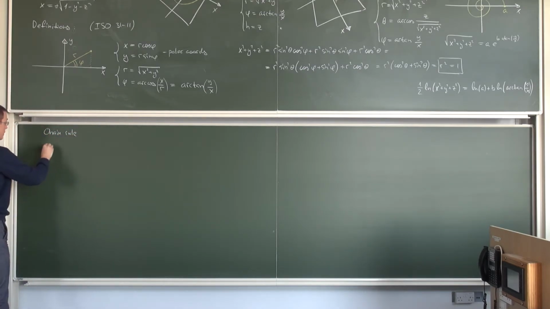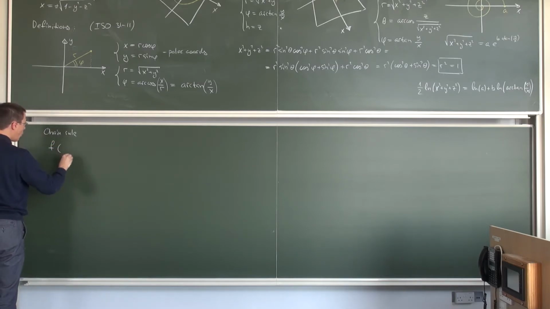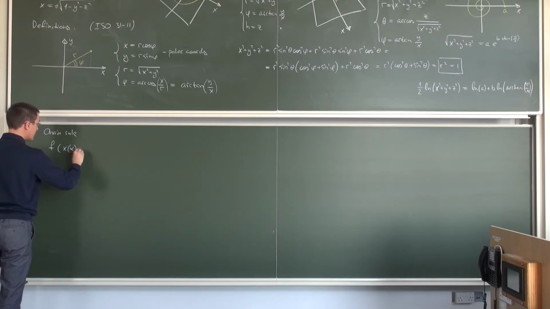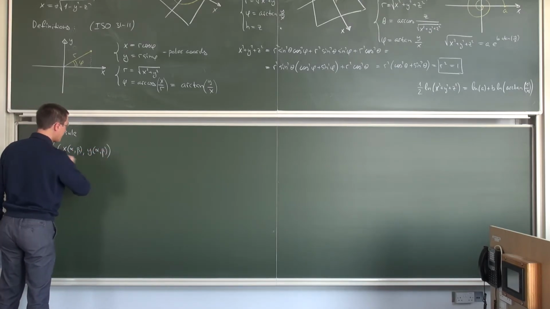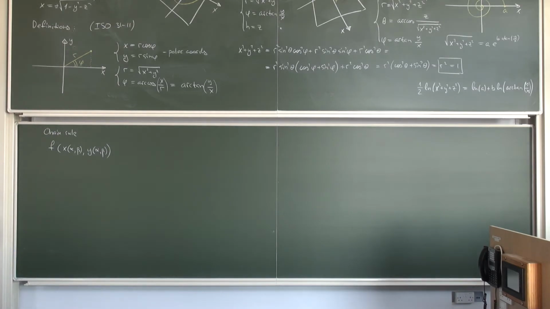If we have a function f of x of alpha and beta, and then of y, of alpha and beta, so we have a function that depends on multiple coordinates, which are themselves dependent on multiple other coordinates.